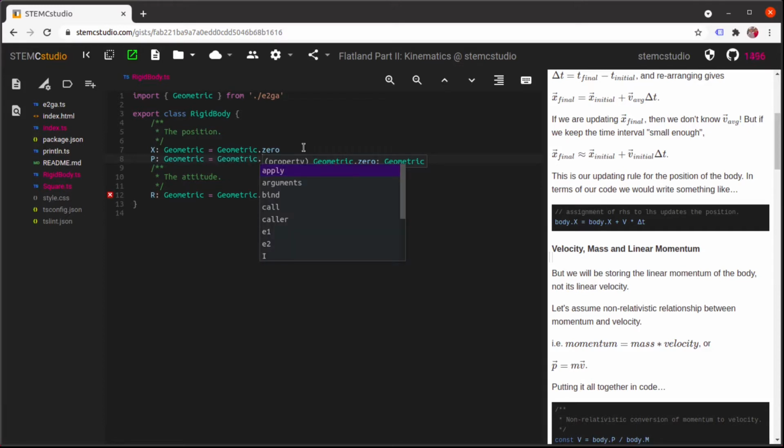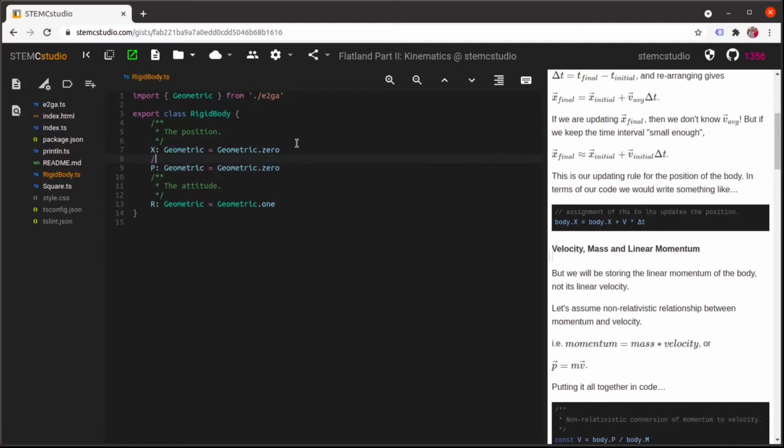And what would be a good initial value? Well, I would say 0 probably makes sense, because we don't want the thing flying off when we first create it. So we'll do that. So this will be the linear momentum. And in addition, we're going to need the mass.